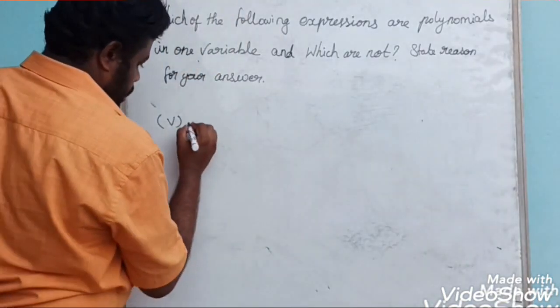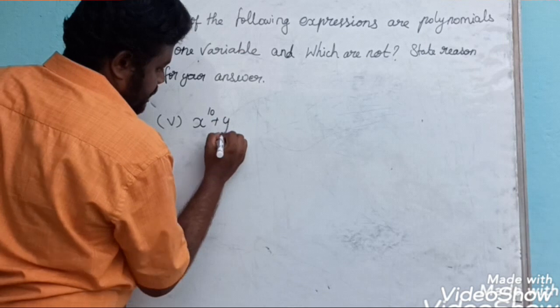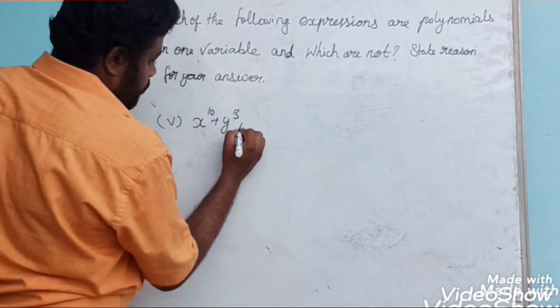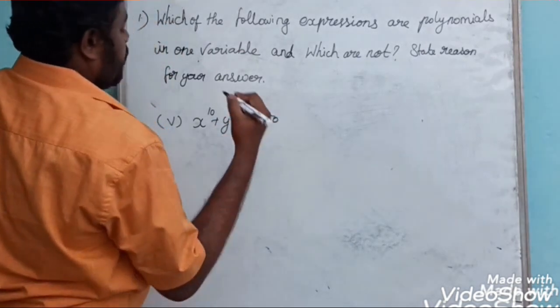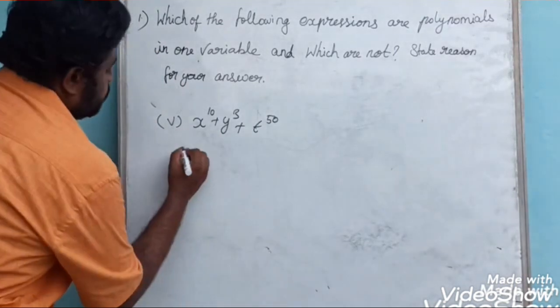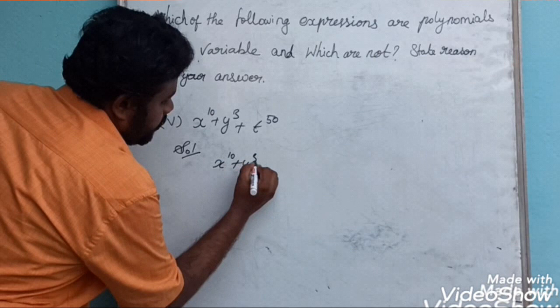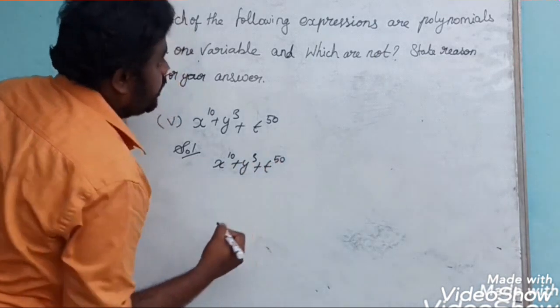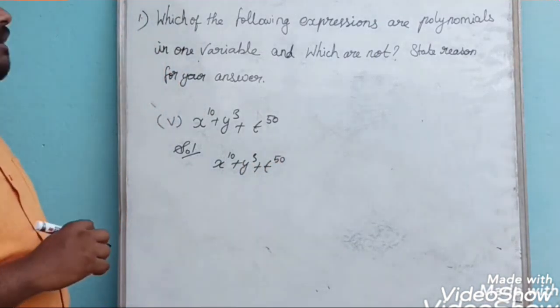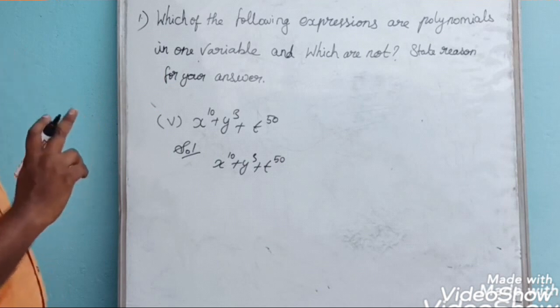Question number 5: x power 10 plus y power 3 plus t power 15. The question is whether the expression is a polynomial in one variable.